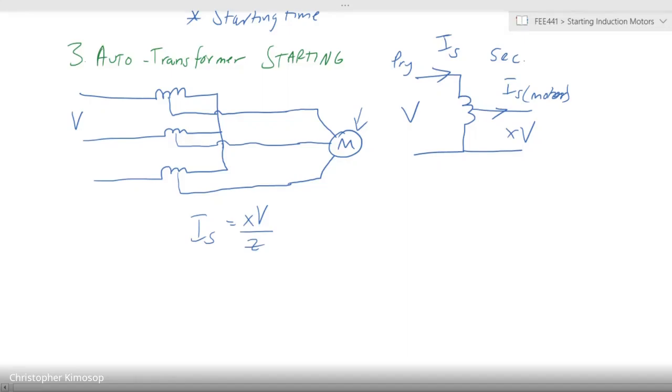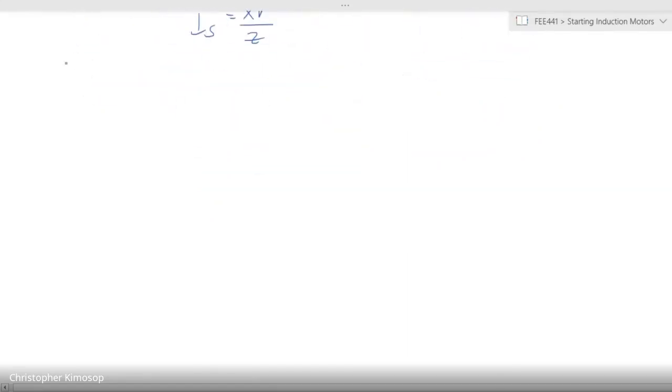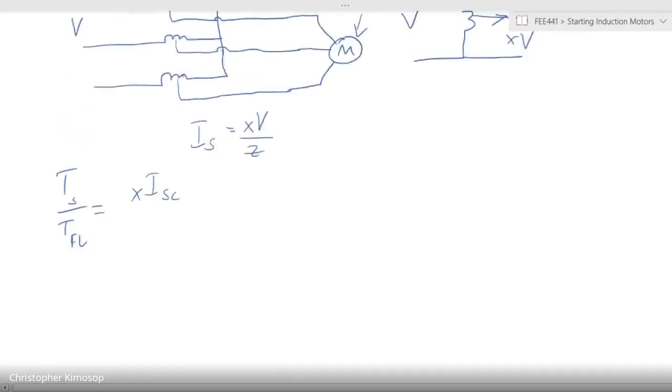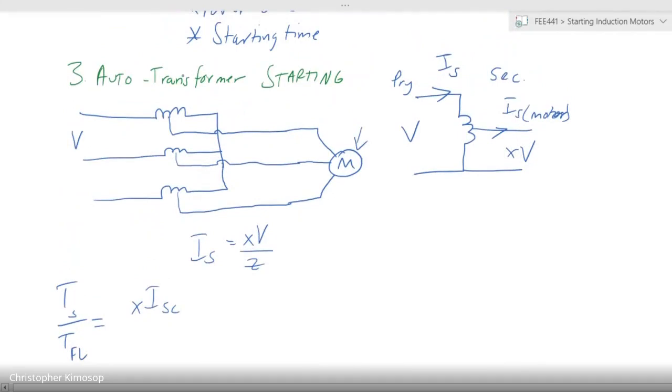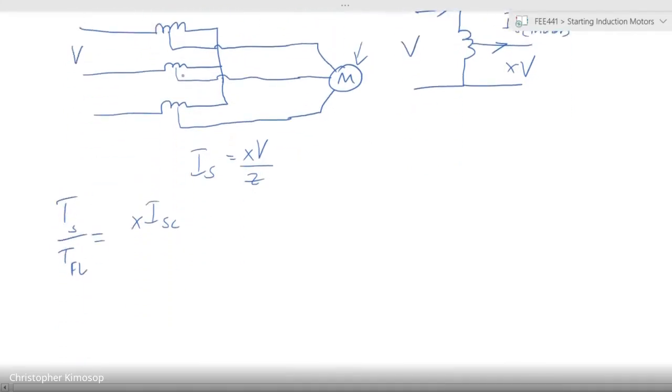So what's the ratio of torque that we had looked at before? TS over TFL is given by X times ISC, which is the amount that we have talked of there, over IFL, squared, times SFL, right?